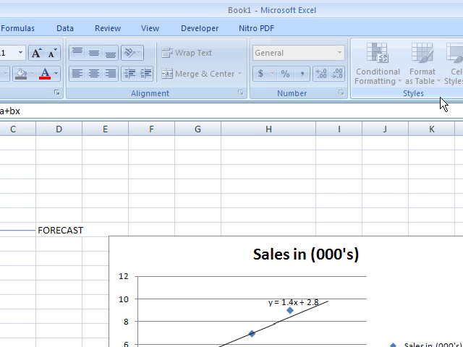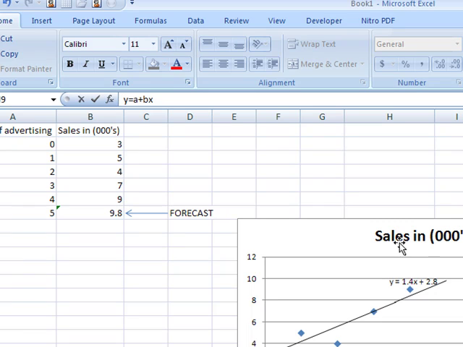So, in our last module, we drew a scatter plot. And this scatter plot, these dots over here, can be helpful in determining the strength of the relationship between the two variables. And we did see that advertising did seem to help as far as the sales went.